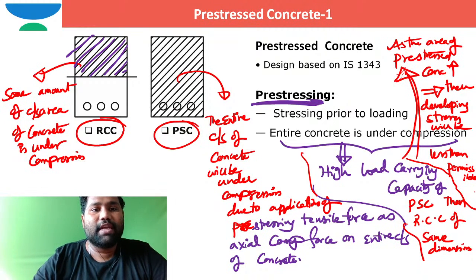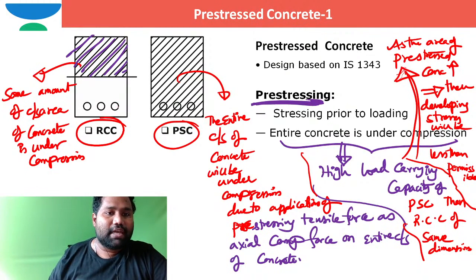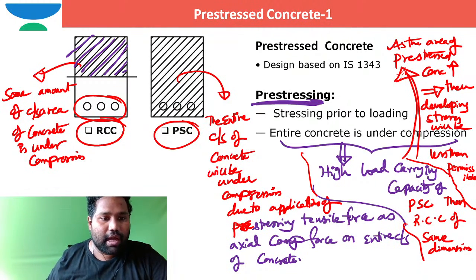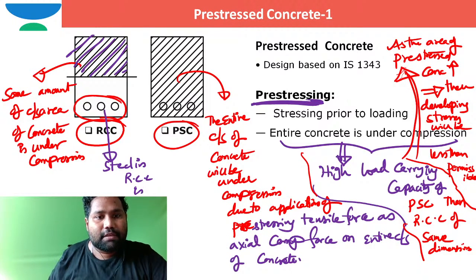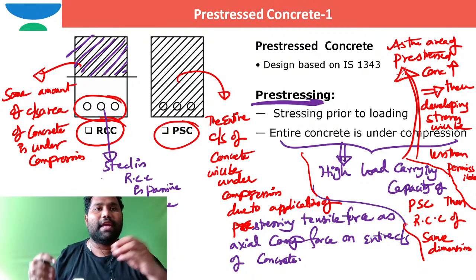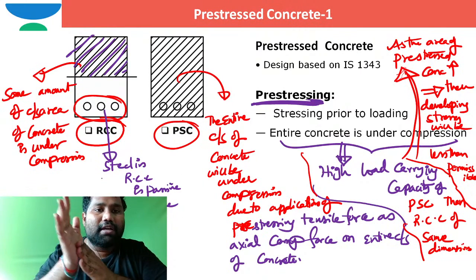Some people will say that in case of RCC, steel is in a passive role. Steel in RCC is passive. Why is it passive? Because the steel is not applying any sort of compressive action on the surrounding concrete.